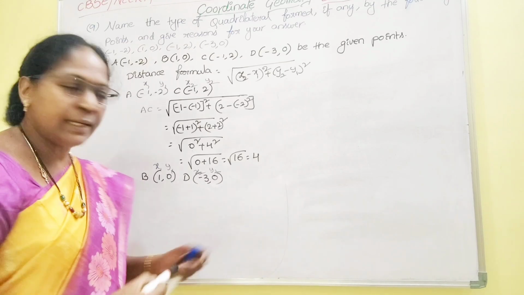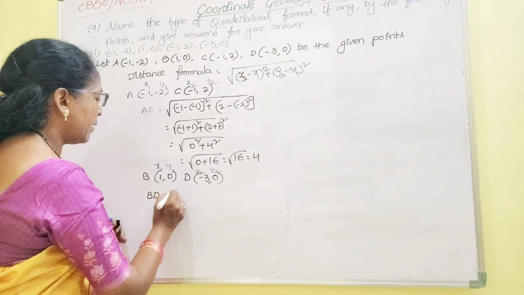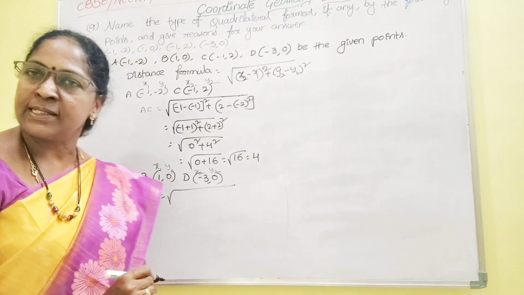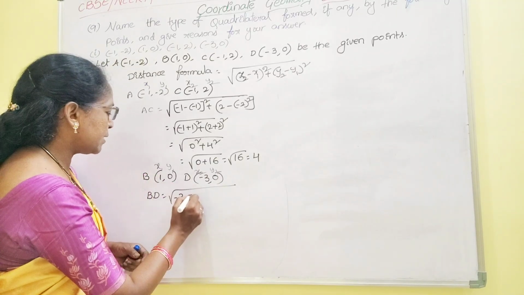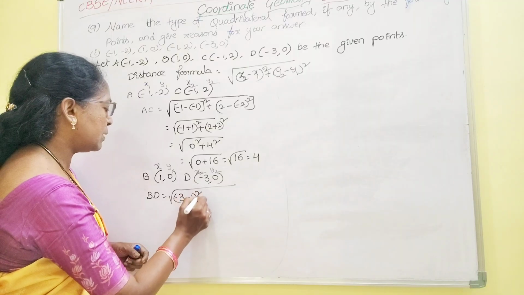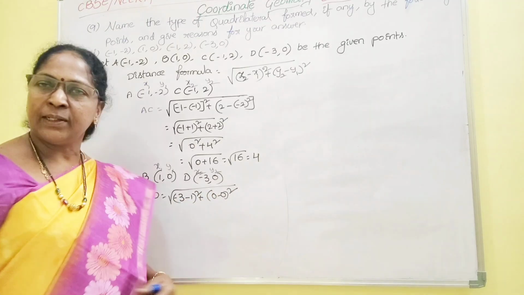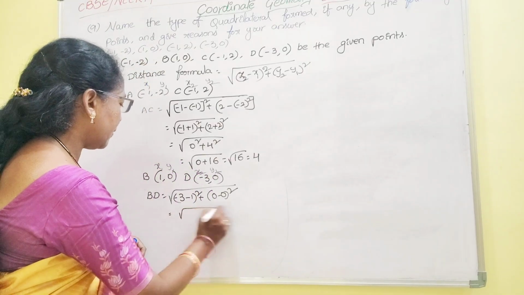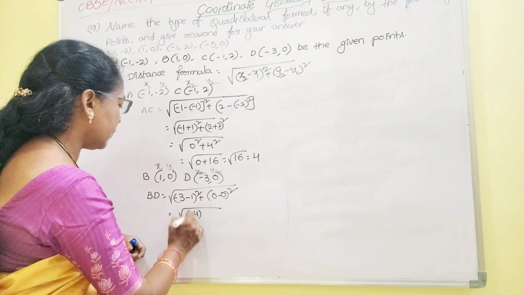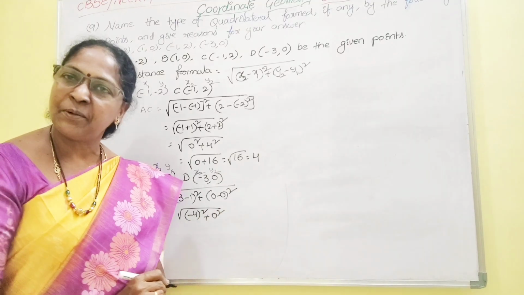Now BD equals square root of x2 minus x1, where x2 is minus 3 minus x1 is 1, so minus 4 whole square, plus y2 minus y1 whole square, that equals 0 minus 0 whole square. So 0 minus 0 is 0, only 0 square.